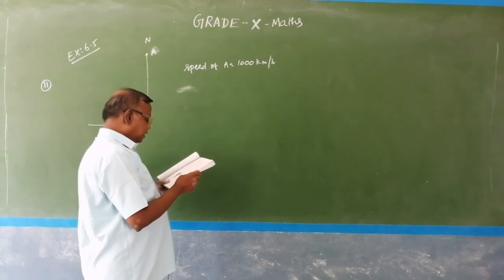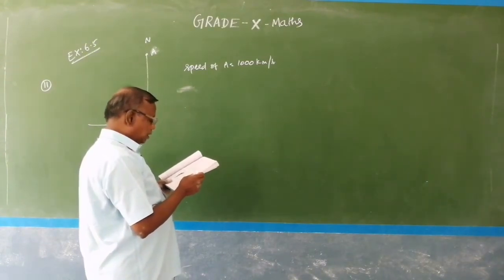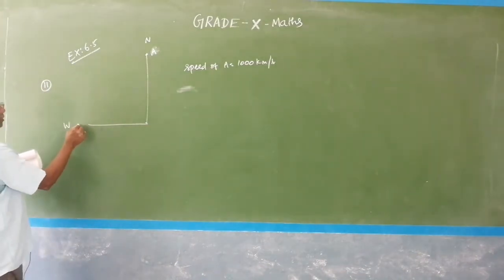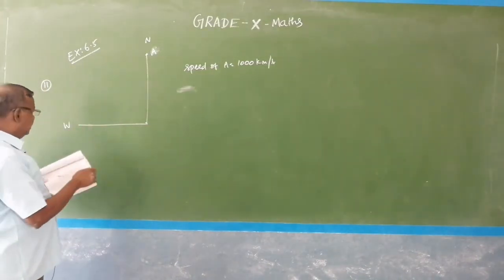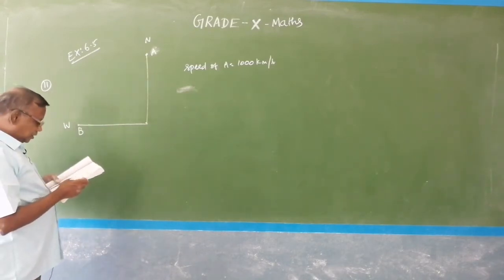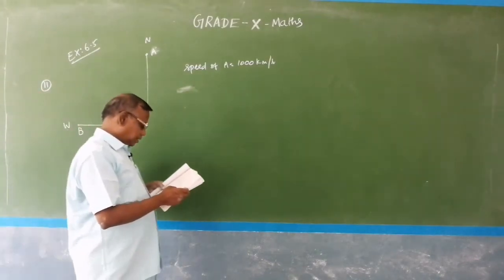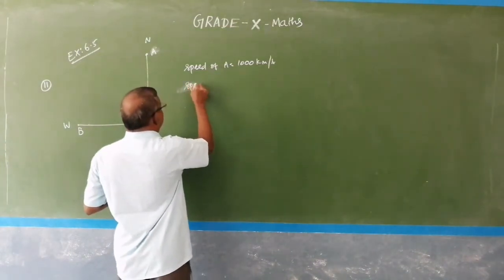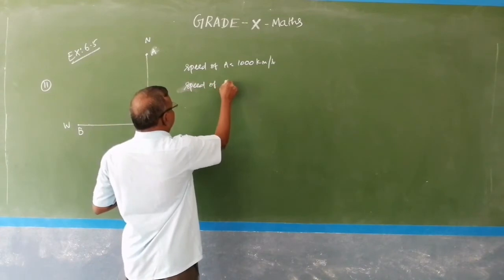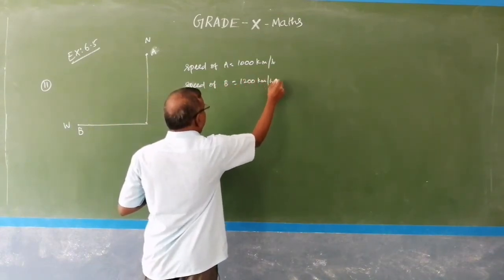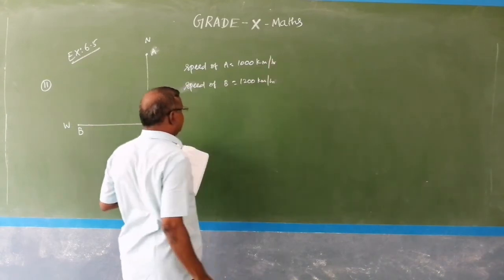At the same time, another aeroplane leaves the same airport and flies due west. So here the west is towards this side, and let it be flight B, and the speed of B is 1200 km per hour.